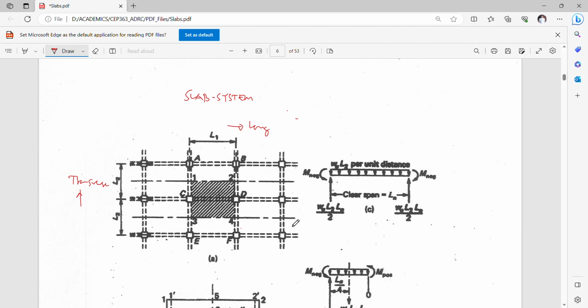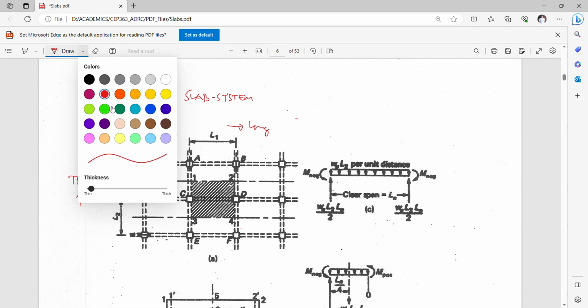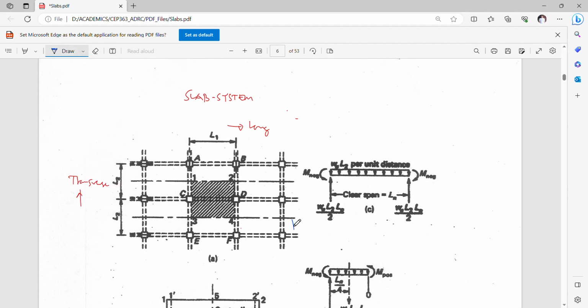So these are the centers of your L2 here and the center of your L2 on the other side.